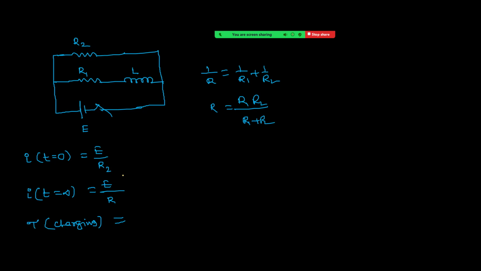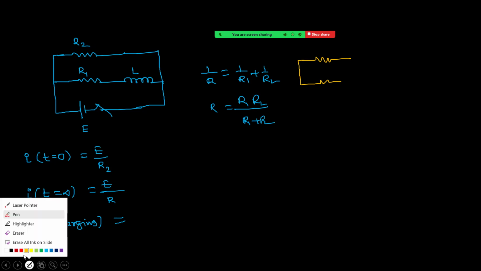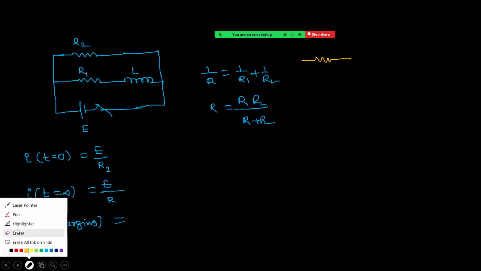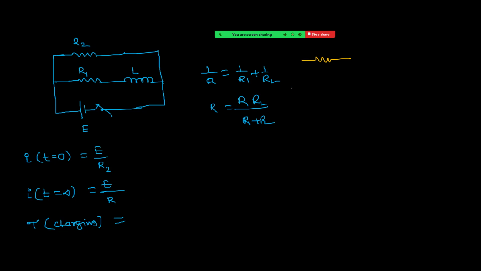I can take the same circuit like this: a battery with R2, and EMF E, plus R1 and inductor with the next battery.